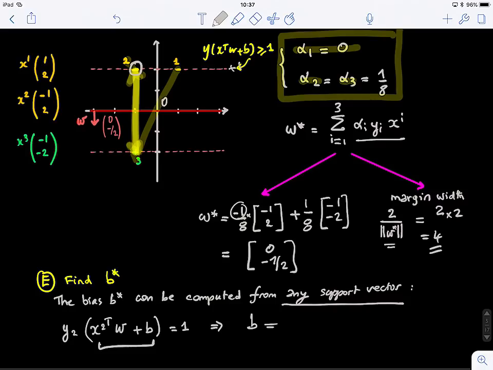Right, so y2 is negative, so b is equal to -1 on one side, and on the other term, 1 plus x2 transpose W. What is x2?